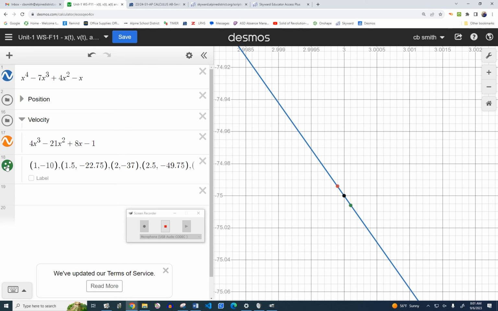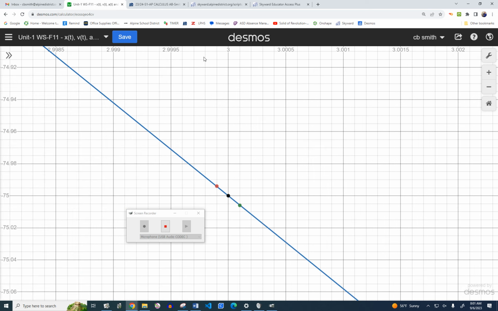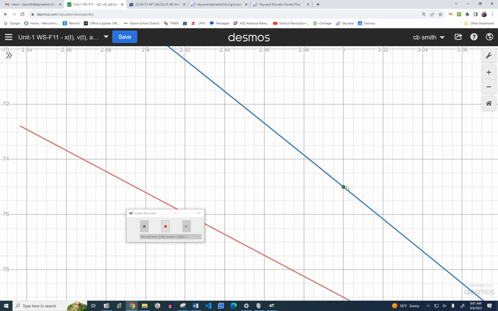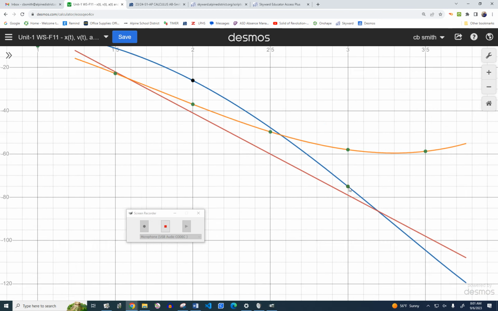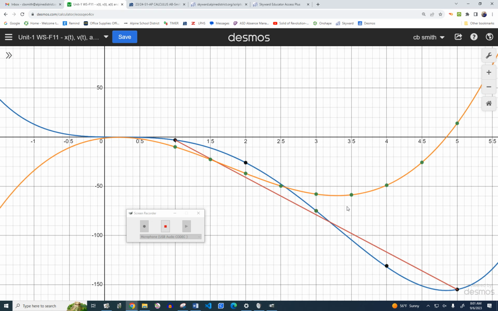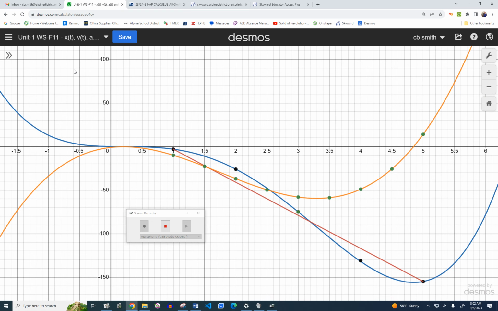So we've got to zoom back out now. Hold on. Use my mouse. I don't know if that's secant line.